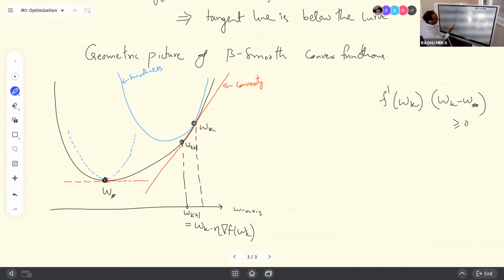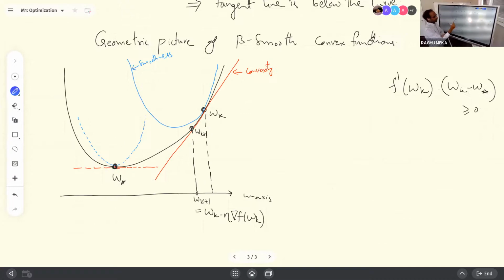If Wk is to the right, meaning this number is positive, then the gradient should be positive, so that when I take negative of the gradient, I move to the left. So this is the one-dimensional intuition. If you want my distance to W star to decrease, I need to take a step towards W star. So that means somehow the gradient should point away from W star. Right? The negative of the gradient should be towards it.